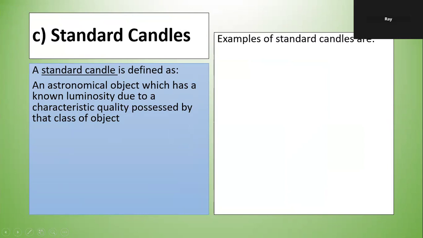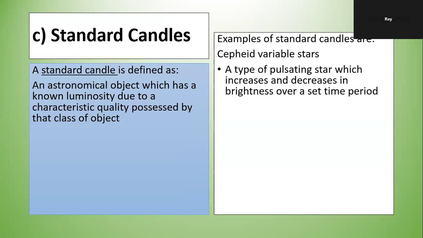Some examples would be Cepheid variable stars. Don't worry about the name. A type of pulsating star which increases and decreases in brightness over a set time period.